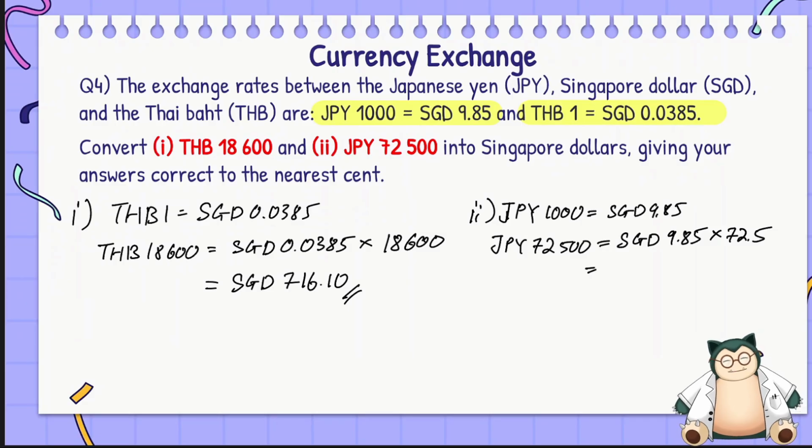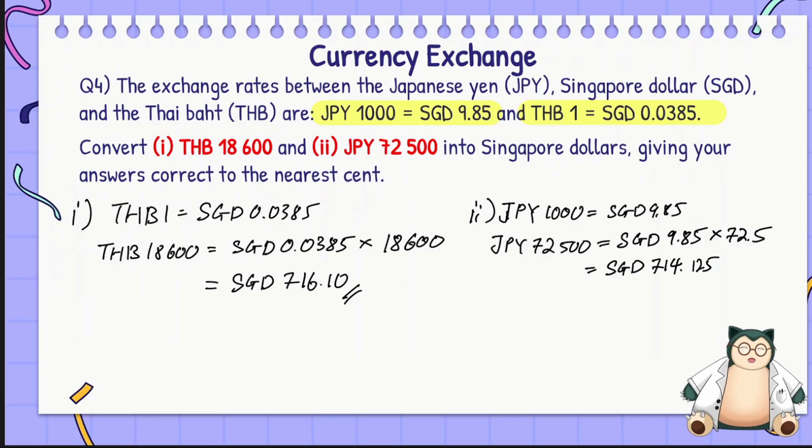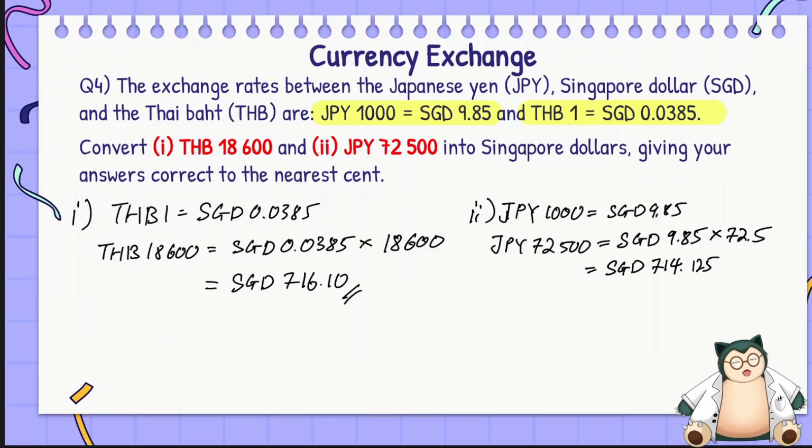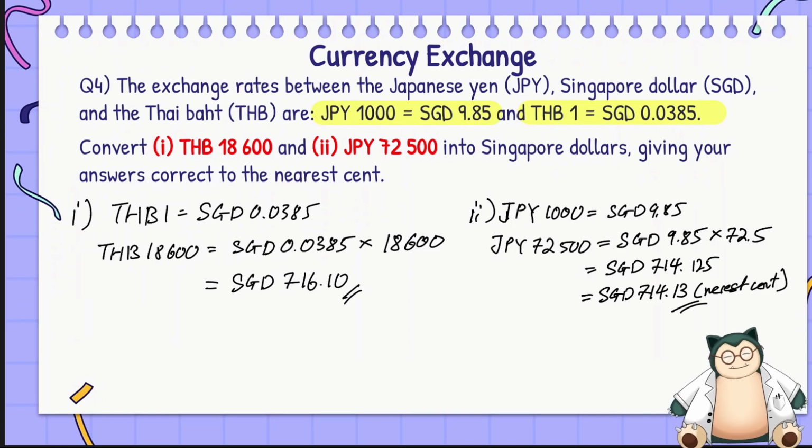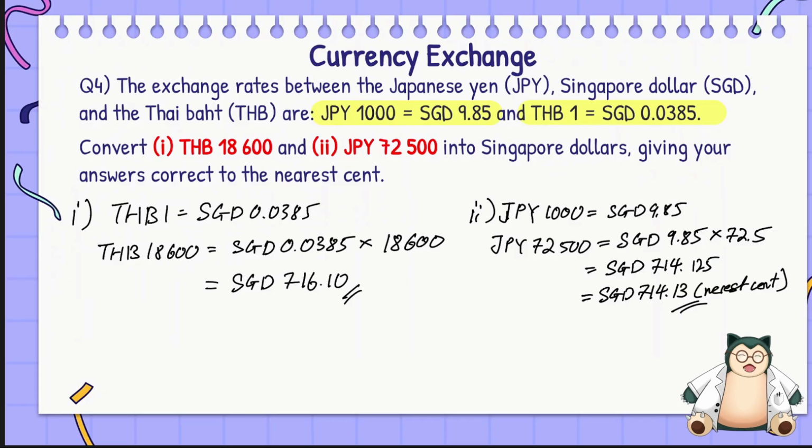So 9.85 times 72.5 gives us SGD 714.125. But because we're talking about Singapore dollars, we round it off to the nearest cent, which is 714.13. I hope this is clear for everyone.